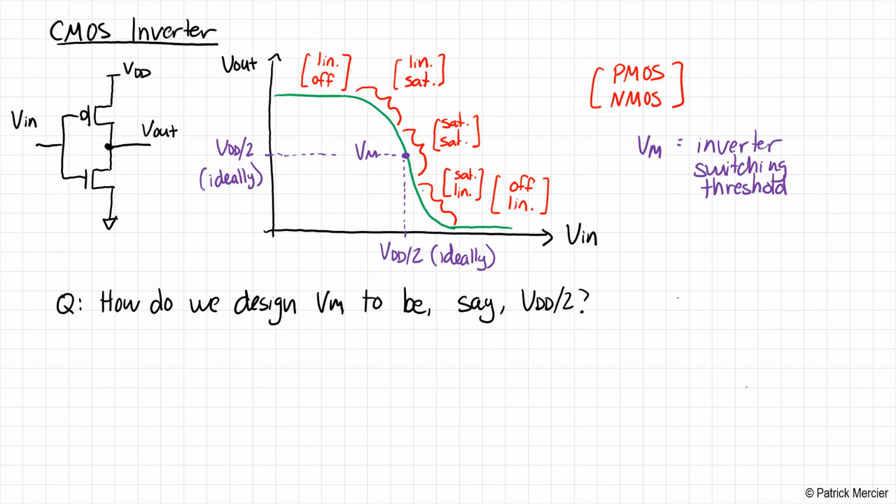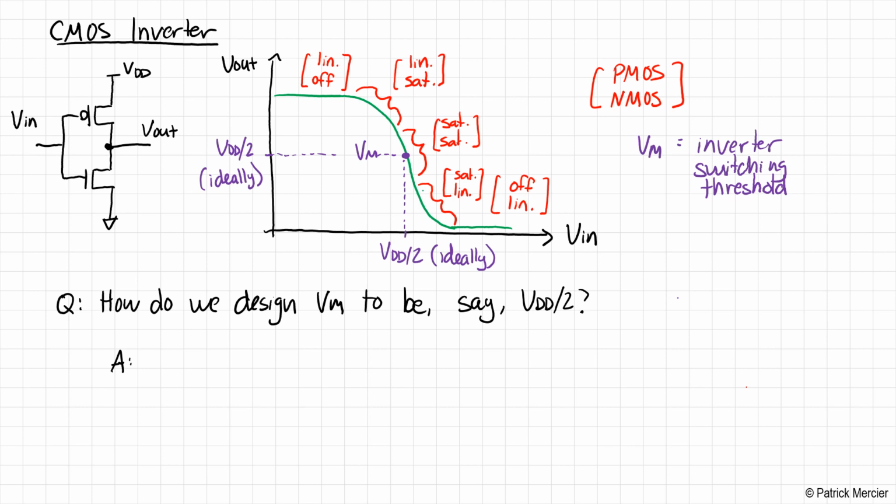So how do we as designers do this? How do we make sure that this circuit will switch when we cross through the VDD over 2 point at the output when the input is VDD over 2? This is especially difficult because we know that the NMOS and PMOS transistors have different characteristics. Mu N is not equal to mu P, for example.